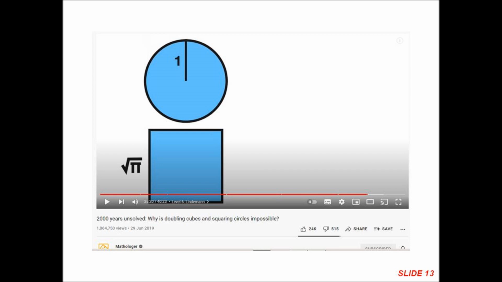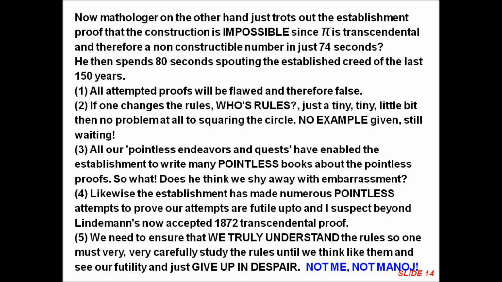Now we have "2,000 Years Unsolved: Why is doubling cubes and squaring cubes impossible?", a Mathologer upload. Now, Mathologer, on the other hand, just trots out the establishment proof that the construction is impossible since pi is transcendental and therefore a non-constructible number, in just 74 seconds.